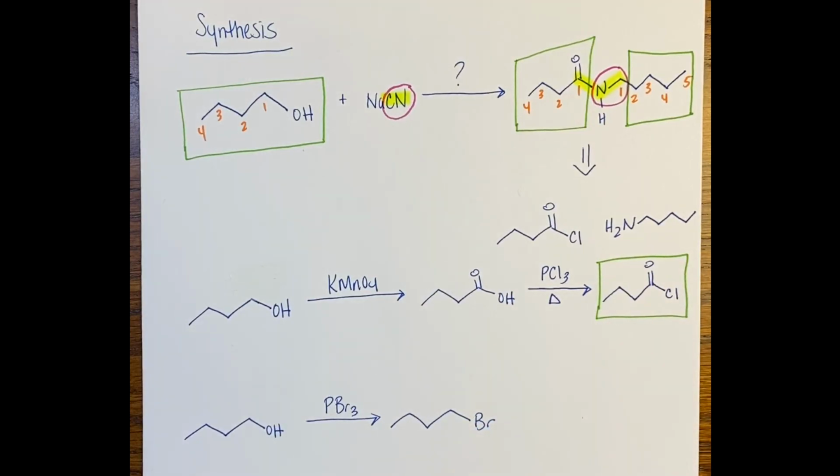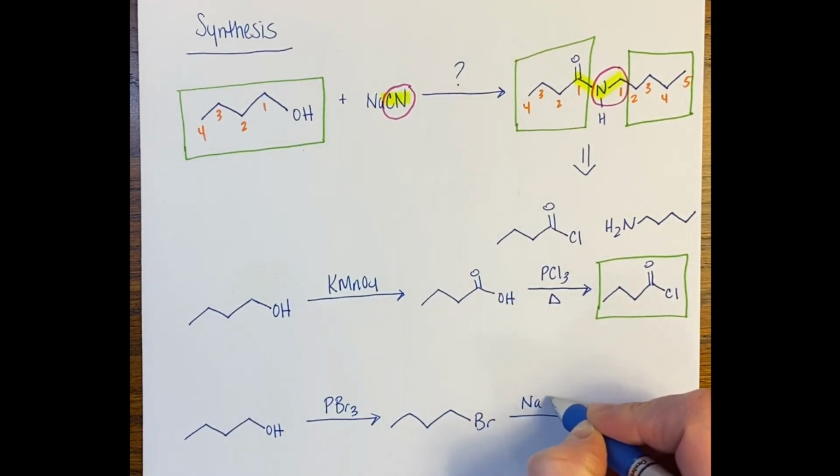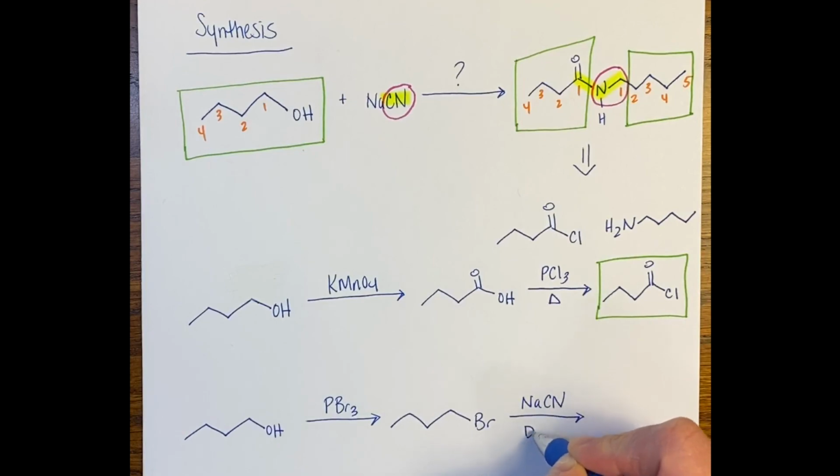The bromide is a much better leaving group. Now I can treat this compound with sodium cyanide, DMSO, conditions that will favor an SN2 reaction, and I can extend the length of my carbon chain by 1 carbon. My carbon chain now has 1, 2, 3, 4, 5.